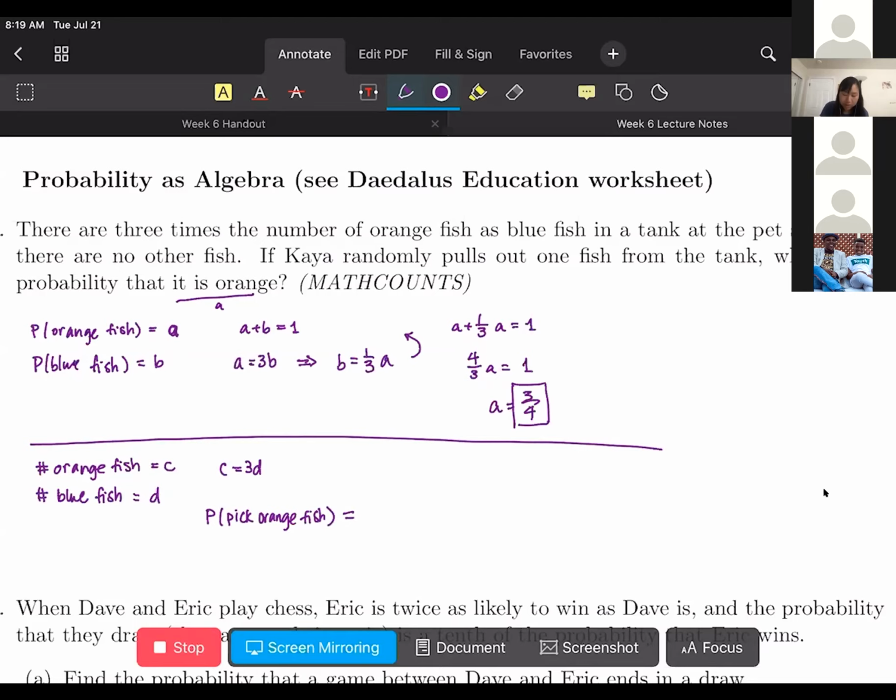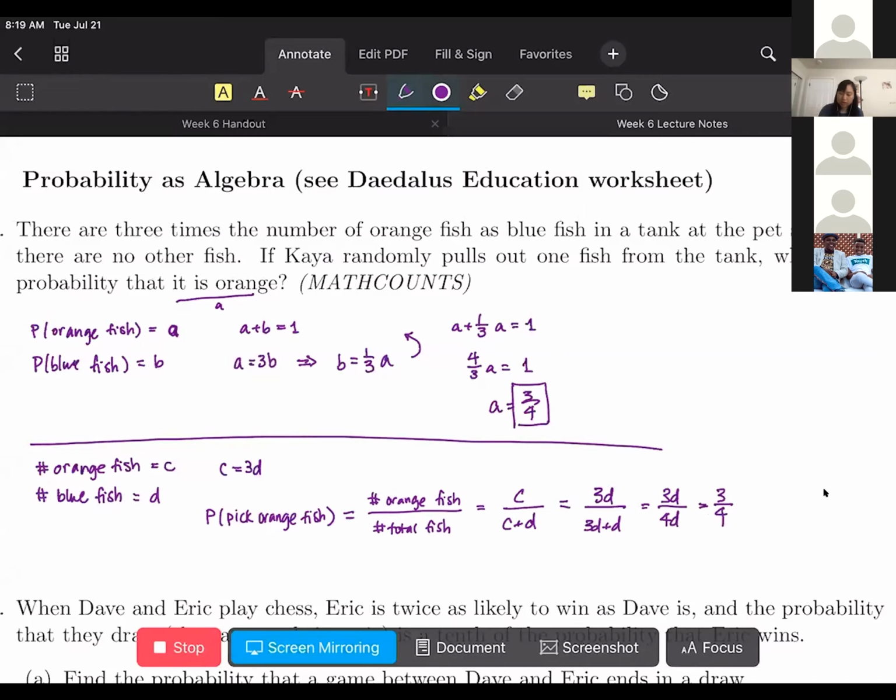We could say the probability that we pick an orange fish is the number of orange fish over the number of total fish, which is C over C plus D, which is 3D over 3D plus D, which is 3D over 4D, which is 3/4.